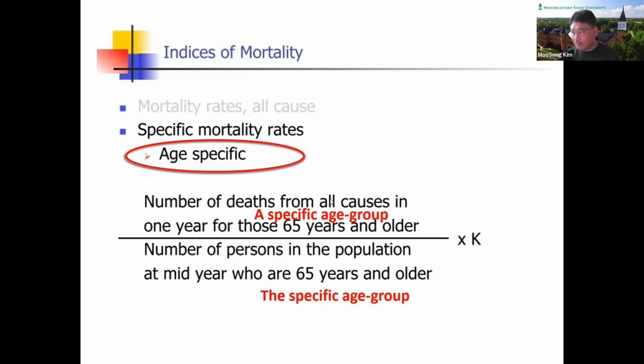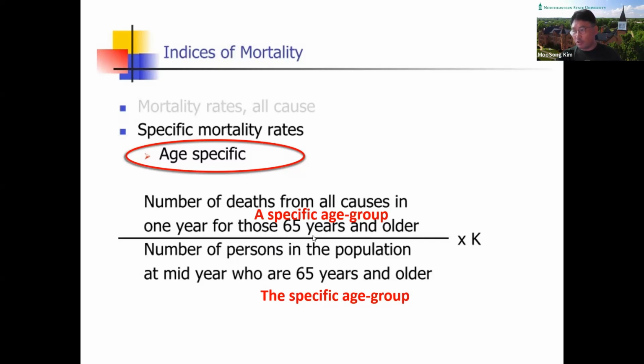It is the number of deaths from all causes, but only for a specific age group, not the total population. So it is the total number of deaths for a specific age group over the total population of that same age group.